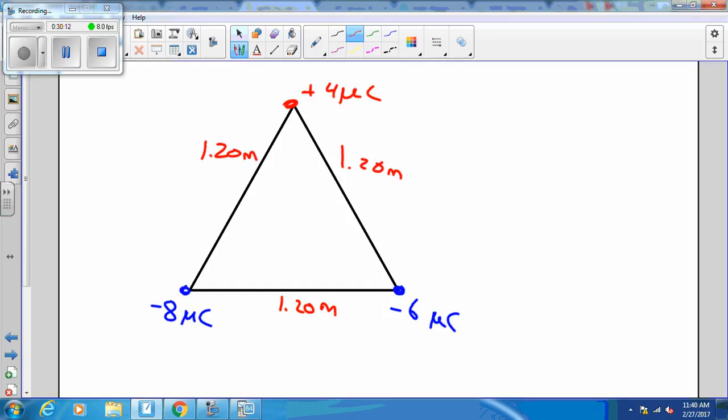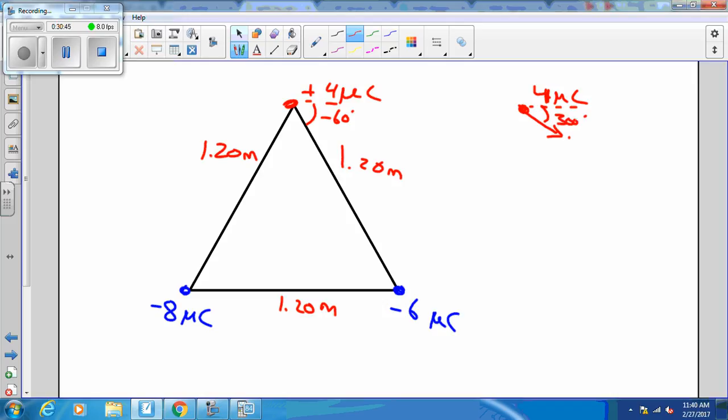So when I take a look at the 4 microcoulomb charge right here, even though I do not have equal charges all the way around, nevertheless, I can see for the 4 microcoulomb, attractive or repulsive, attractive, attractive or repulsive, attractive. So I'm going to have a force that pulls this way, and this angle is already known to be negative 60 degrees right there, which is the same as 300 degrees.